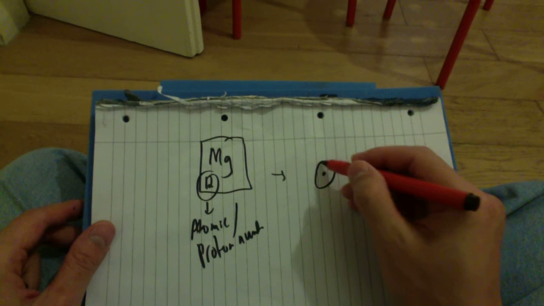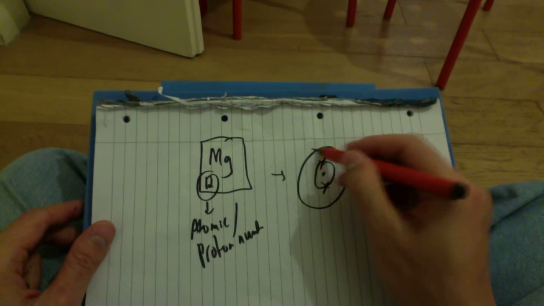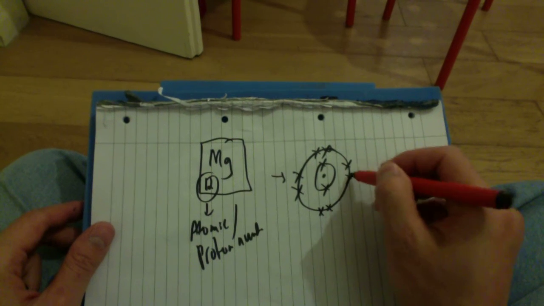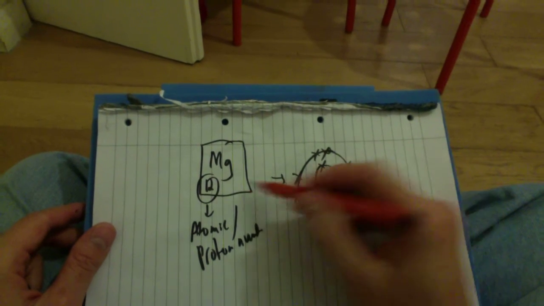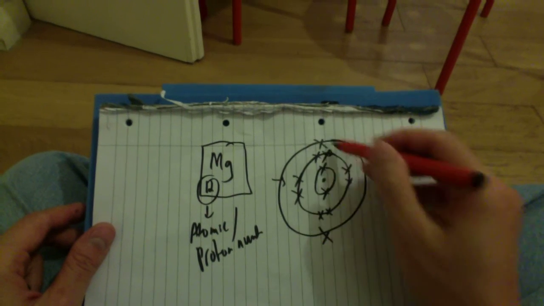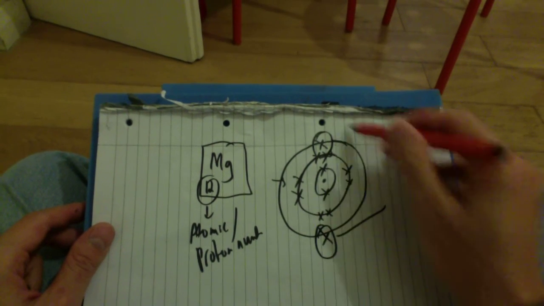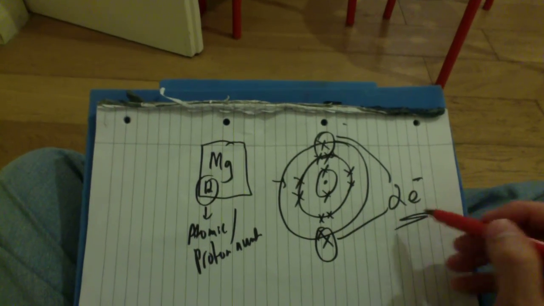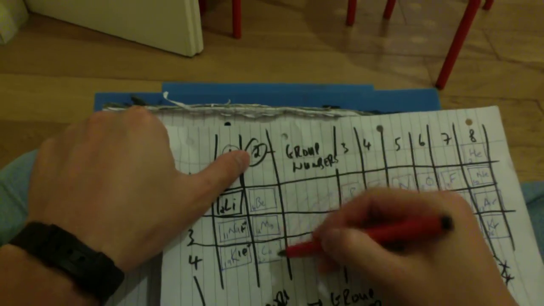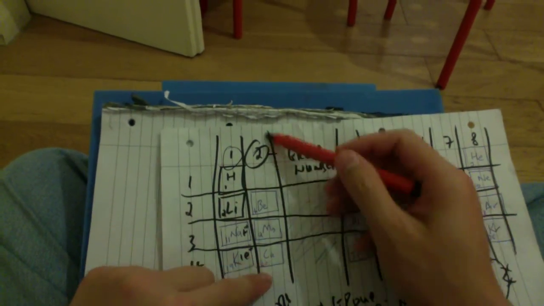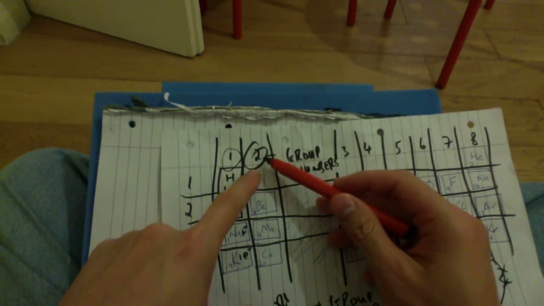Let's look at it again: 2, then 8, that's 10, and we put 2 more on there. 2 electrons. And what group is it in? Yes, that's right, it's in group 2. So all the elements in this group, this column, have 2 electrons in the outer shell.